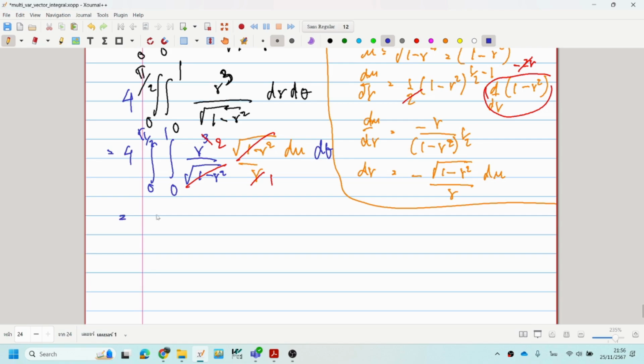Okay, 4 times the integral from 0 to pi over 2 of this, minus r squared du, d theta.